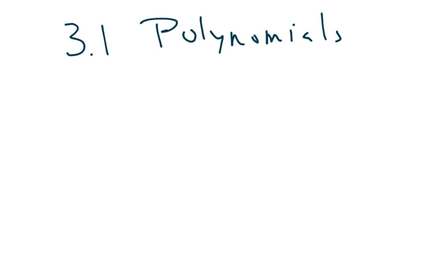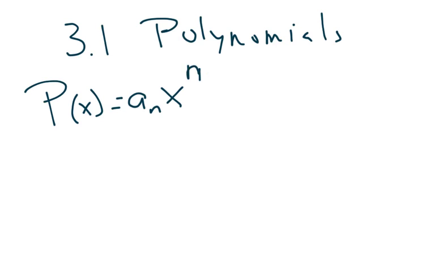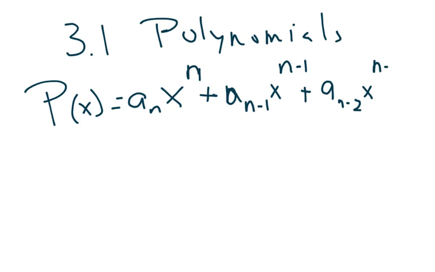Polynomials. Cool. So we can write any generic polynomial with respect to x as some number, we'll call it a sub n, times some variable, we'll call it x, to the nth power, plus some other number times x to the one less power, plus some other number times x to the power below that.